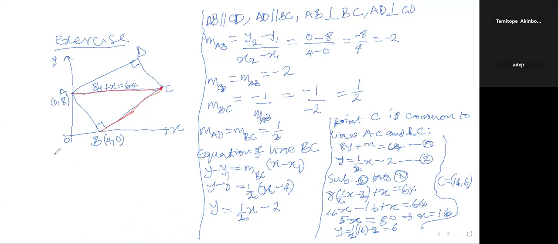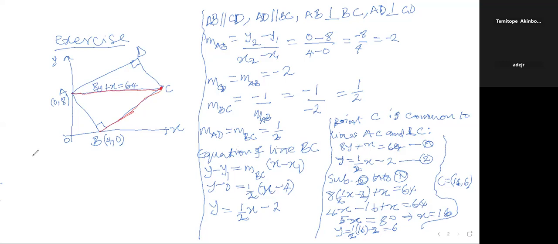Now, don't forget that we have determined the gradient of line CD, which we said is -2 here. And we have also found the coordinate of point C, which is 16, 6. So that is sufficient for us to determine the equation of line CD.